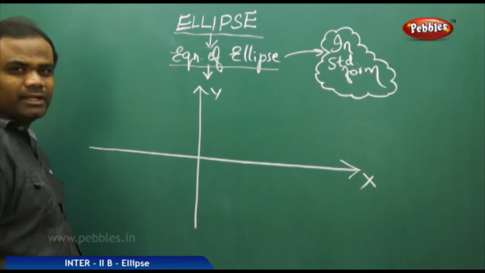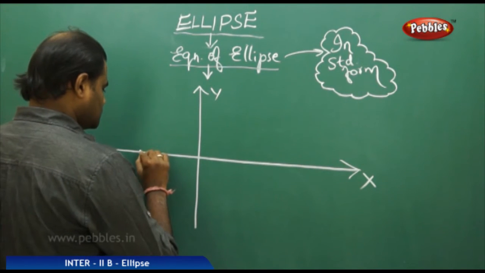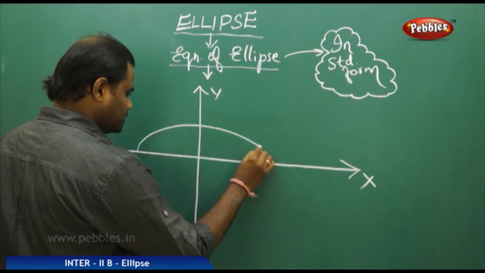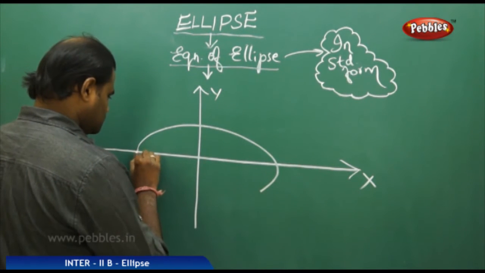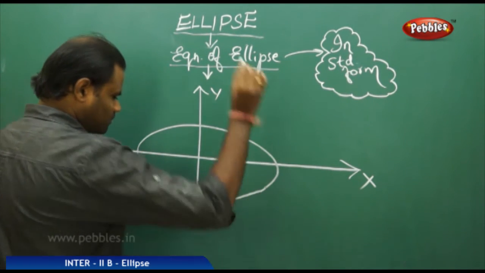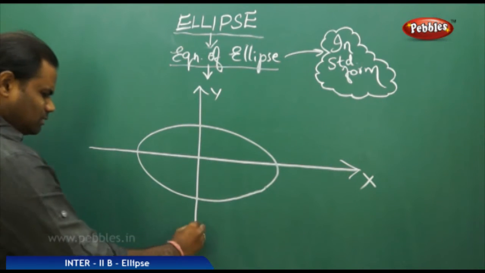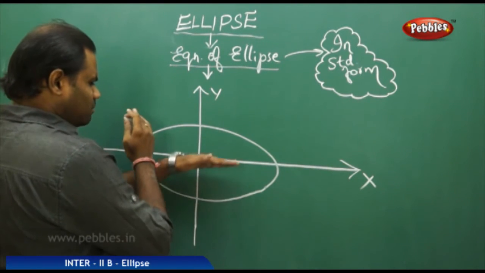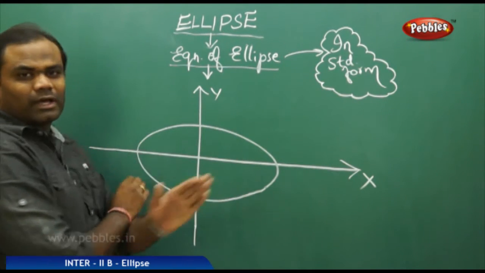Now we know that an ellipse is generally an oval-shaped structure, which is exactly symmetric about the x-axis and y-axis.